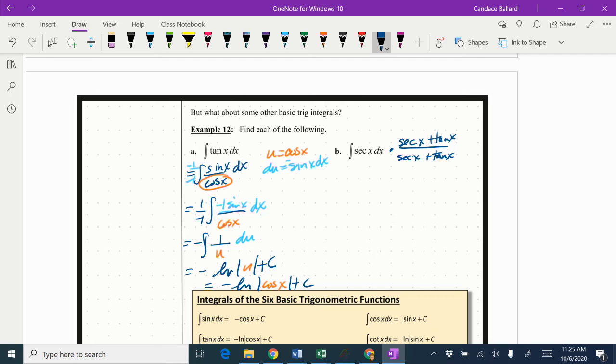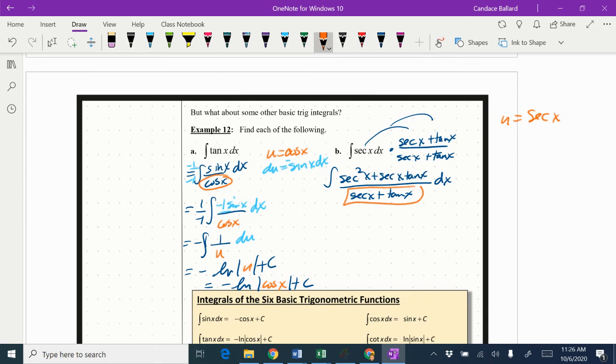So what that means is if I distribute this secant in up on the top, I have secant squared x plus secant x tangent x all over secant x plus tangent x dx. I am going to use my denominator as the u.